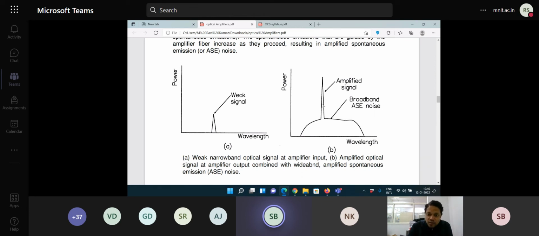But along with this 1 milliwatt, there will be additional wavelengths which will gain some power of the order of maybe 1 or 2 microwatts. This is amplified spontaneous emission noise, and it is very broad. So it's not a desirable condition, but when the input signal is very weak, this is a possibility.